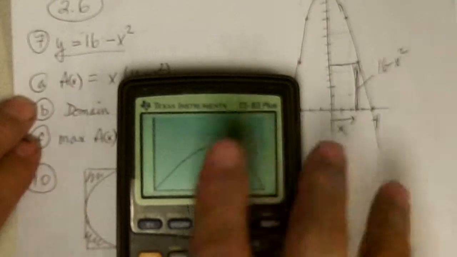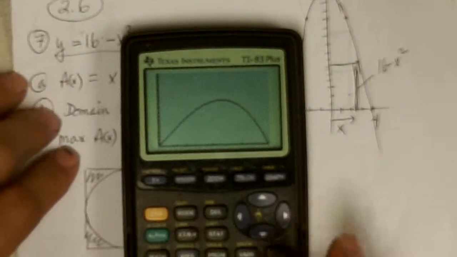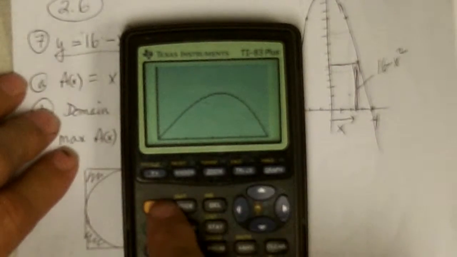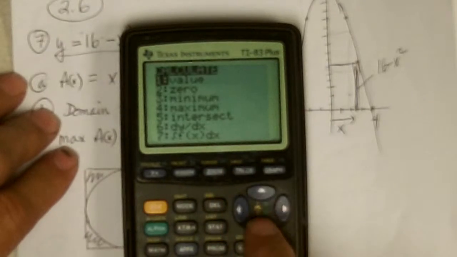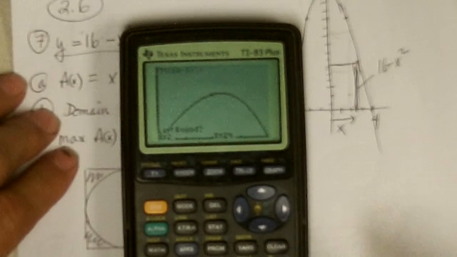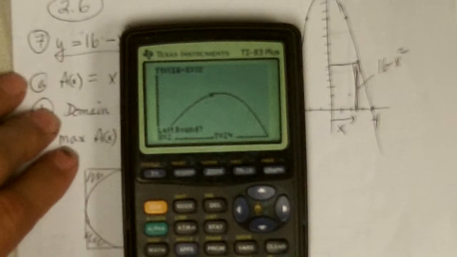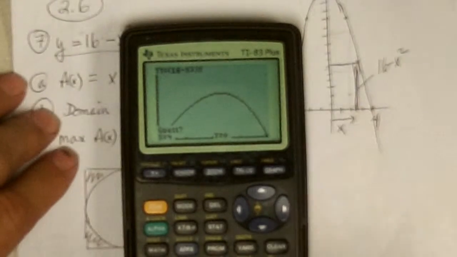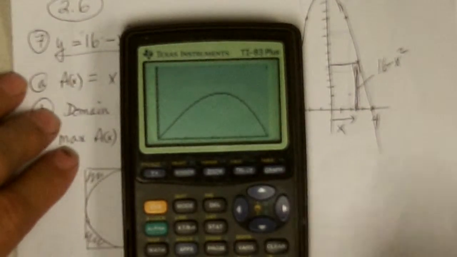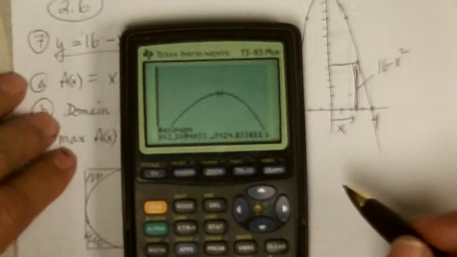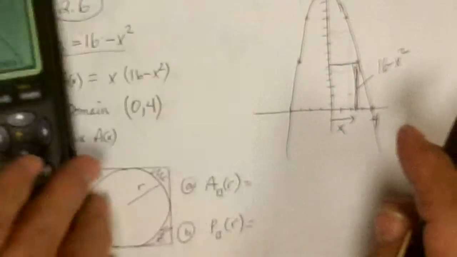And there's a maximum, and it says find the maximum area and what x makes it, so second, calculate the maximum. And it's somewhere between 0 and 4. So I'm just going to say that, between 0 and 4. And it's probably around 2. And it says it's going to happen at x equal 2.3.